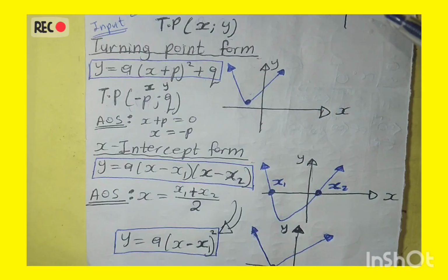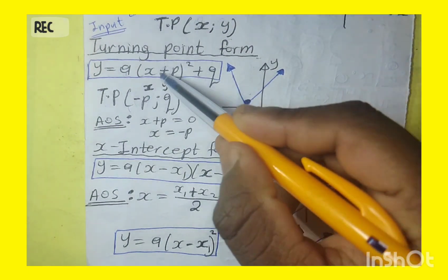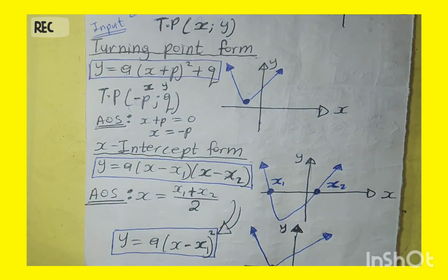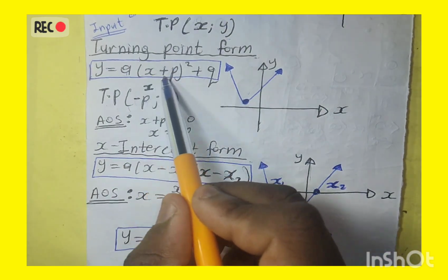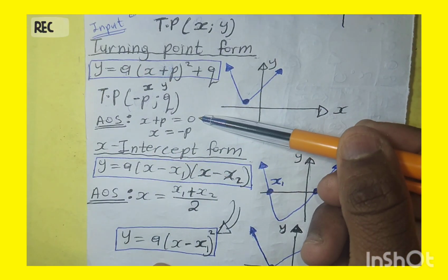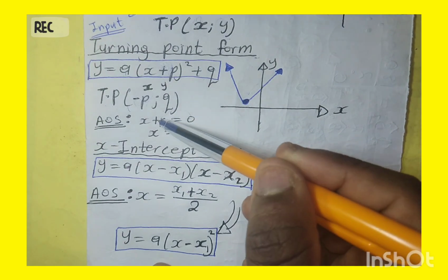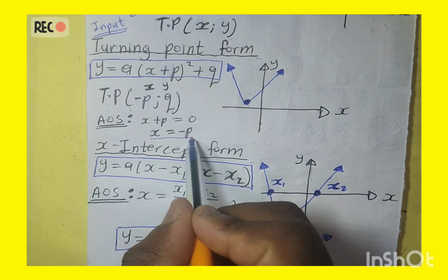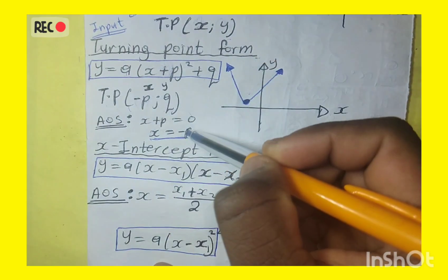And this equation, guys, we only use it if we got a turning point. That one is so important to know. Then to get the axis of symmetry, you take the thing associated with x, equate it to 0, and solve for x. Take that to the other side, the 0 will disappear, and p will become negative p, meaning the axis of symmetry will be represented by x equals negative p. If you got positive p, it becomes negative p.